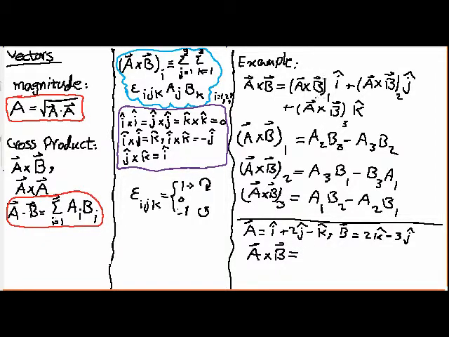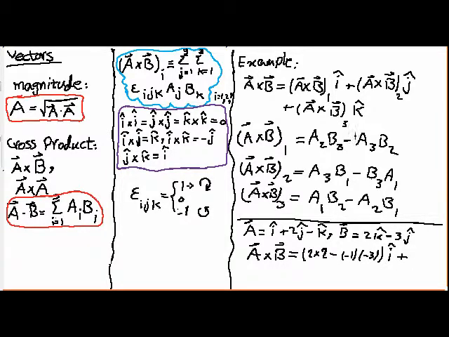Okay, so therefore A cross B, I need first this one, A2 B3, so A2 is 2 times B3 is 2, and minus A3, which is -1, so it's -1 times B2 is -3, I hat, right? This is I hat.